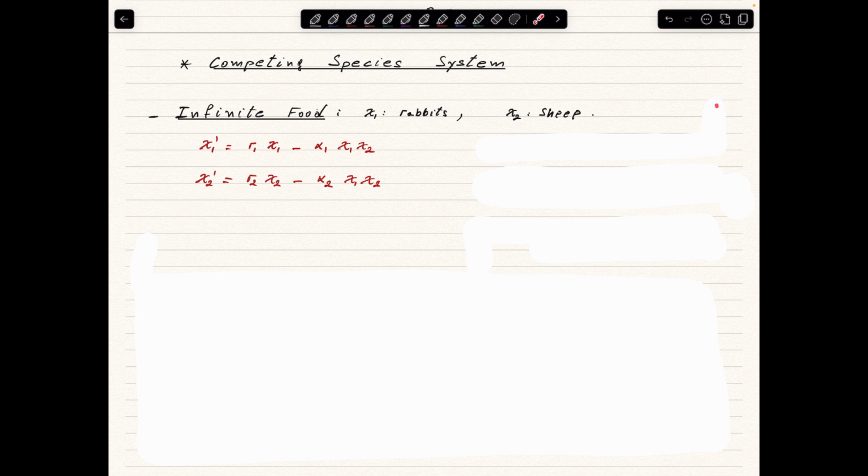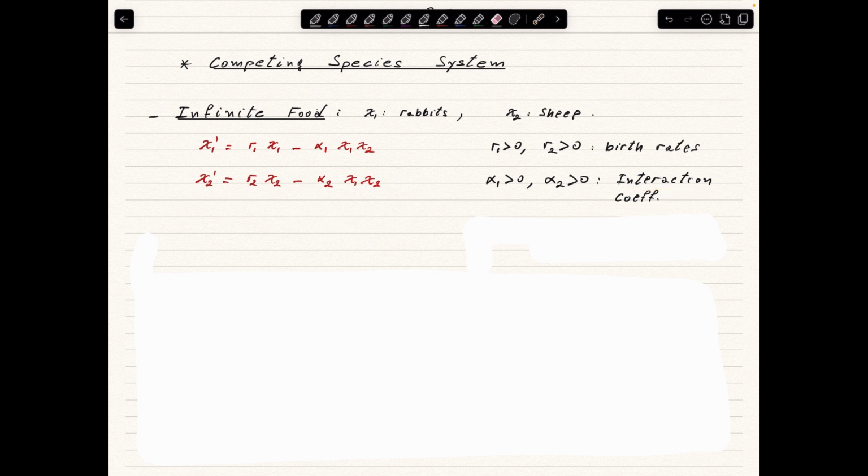Recall the coefficients in the equations are R1 and R2, which are positive, which are the birth rates of each population. Then we have the coefficients alpha, which are also positive, which are called the interaction coefficients.